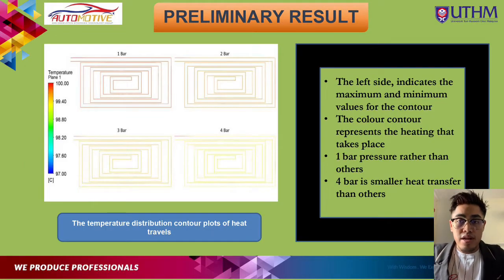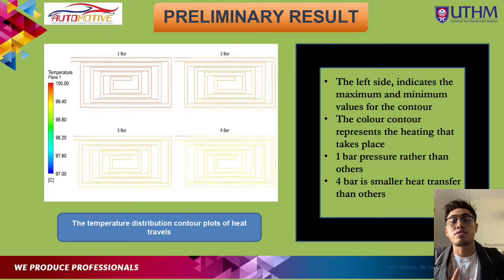So, ini adalah preliminary result. So, basically saya dah cuba run sedikit project saya. So, ini adalah result bagi temperature distribution bagi 1 bar, 2 bar, 3 bar dan 4 bar. Ini hanya menggunakan satu pipe inlet dan outlet yang berdiameter asal sebelum diubah kepada 8, 10 dan 12.